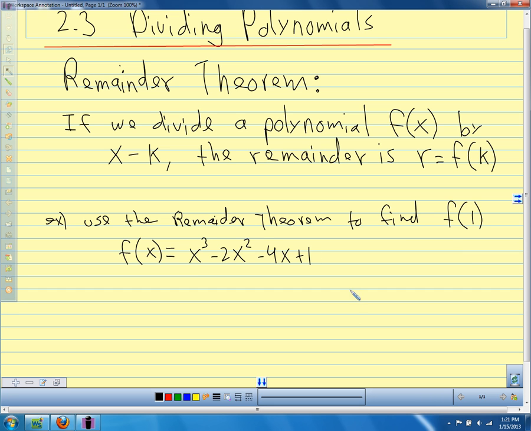Now this one, it wouldn't be too hard to plug in 1 and evaluate this function at x equals 1, but we're going to show how we use the remainder theorem.